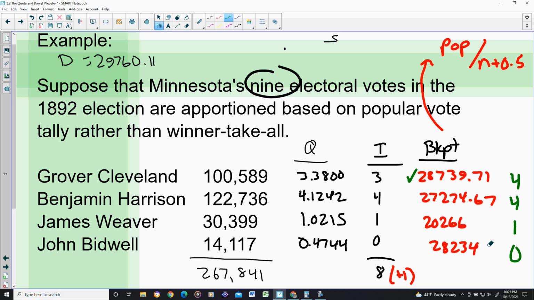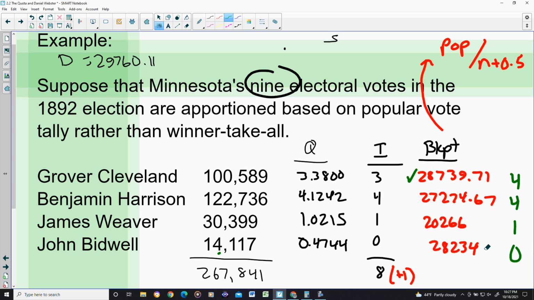A 0, is that safe? Yes. Think about it. We're assigning electoral votes. Mr. Bidwell here did not get a lot of votes, 14,000. So maybe that's just not enough of a vote in order to get any electoral votes.